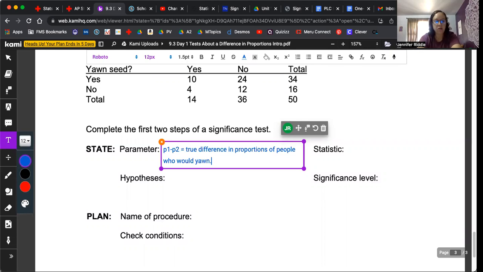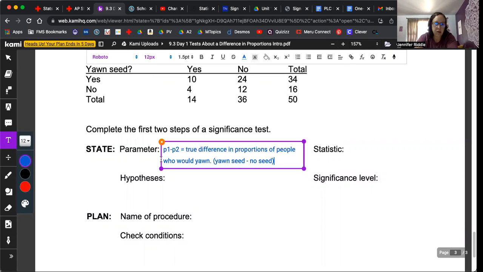I use the word would instead of just who yawned because we're predicting for the population. We don't know who actually yawns and who doesn't. And we're going to look at yawn seed minus no seed.